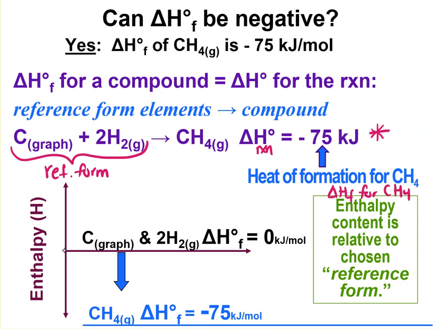Okay, and then graphically, again, these are our reference forms here with a heat of formation of 0, and if I wanted to make CH4 from them, I would have an exothermic reaction to get the methane, CH4. In this case, all that means is that the CH4 is more stable than the elements.